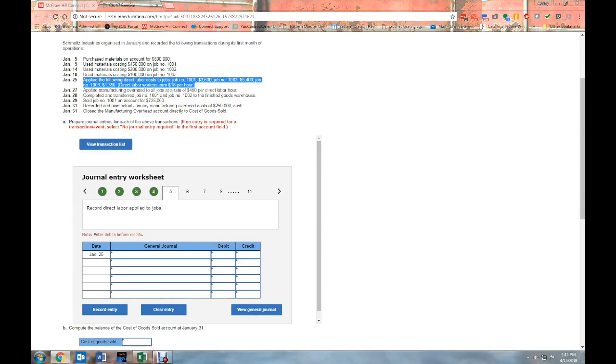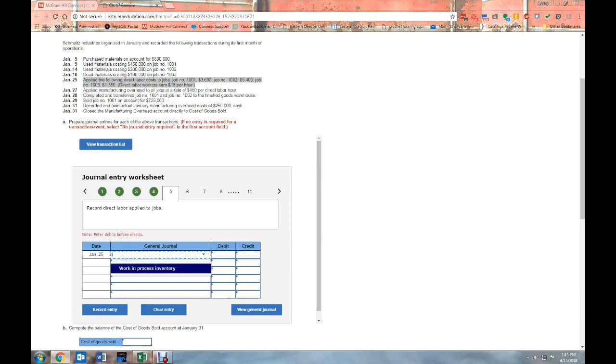So now it looks like we're going to apply some direct labor costs. 1001 gets $3,600, 1002 gets $5,400, and 1003 gets $1,350. Direct labor hour workers earn $18 per hour. Okay, so we can do this in a compound entry. So since we know all three of those jobs are in work in process, we can get our calculator out, add 3,600 plus 5,400 plus 1,350, and we get $10,350.